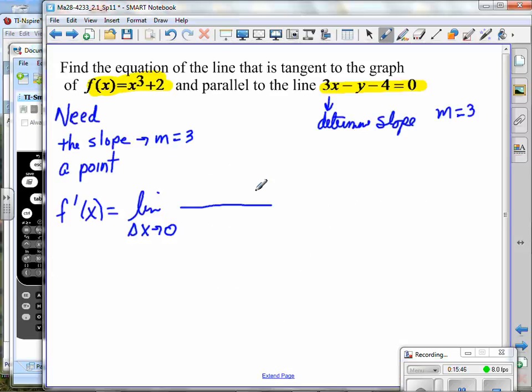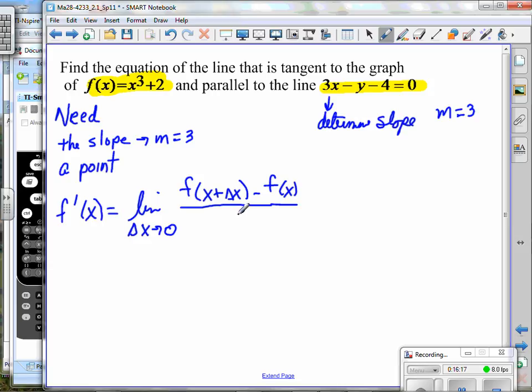How about doing this? What does this fraction represent? Slope. Don't forget it. Okay, so that fraction becomes slope. How do I write the slope in the derivative fashion? F of what? Okay, so I get the output of the new point minus the output of another point, and I subtract the inputs.